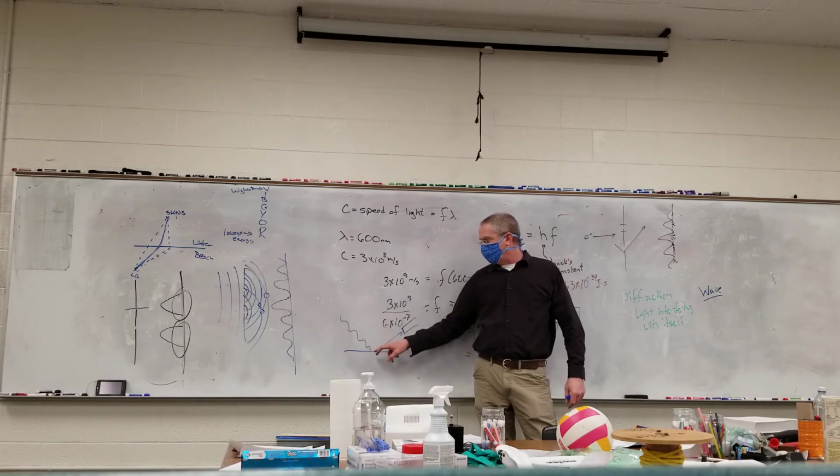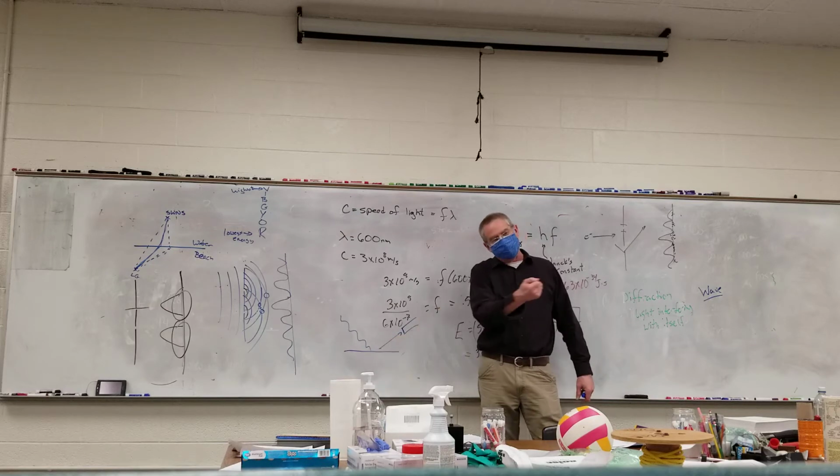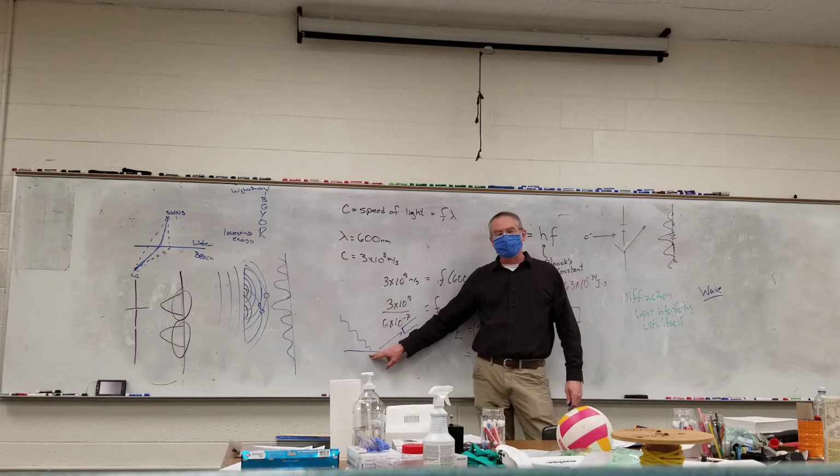The problem was that if light is a wave, then a greater amplitude should be more energy. But if the energy created by the light was not enough to eject an electron, turning it up did not eject electrons.